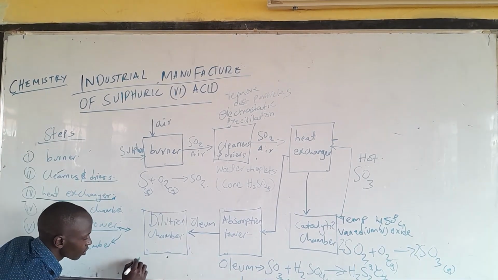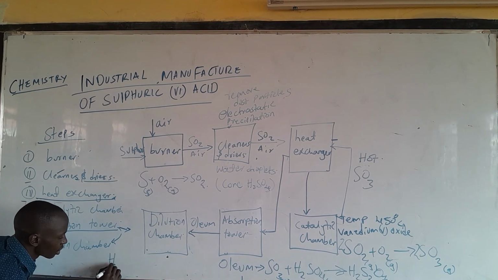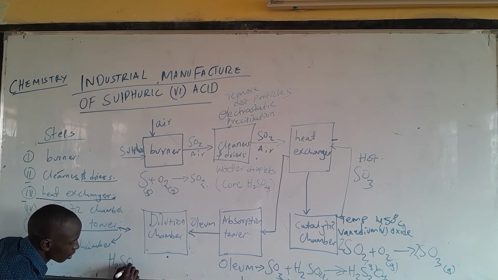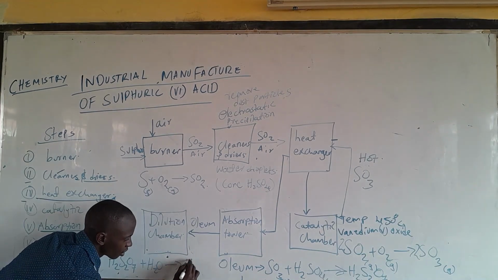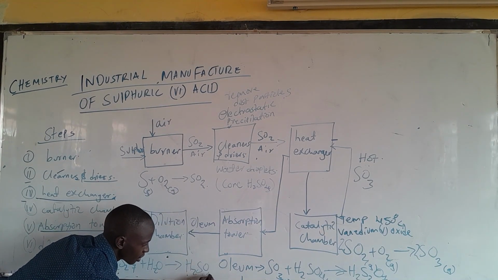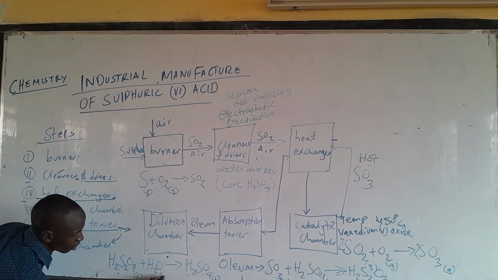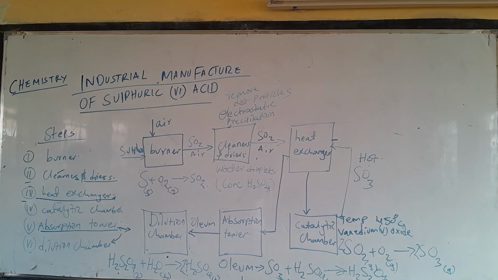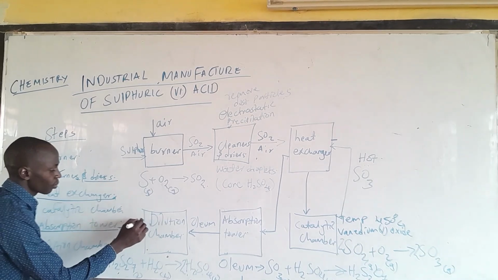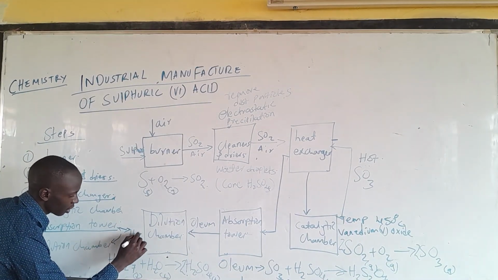So here the equation will be oleum, which is there this way, plus water. We obtain concentrated sulfuric 6 acid. I'm going to balance that one, to put it that way. So here, the final product here will be sulfuric 6 acid.